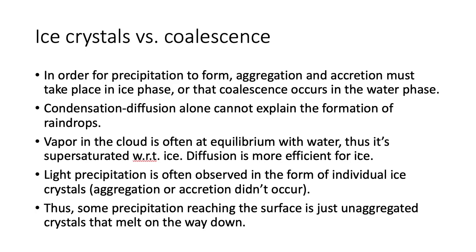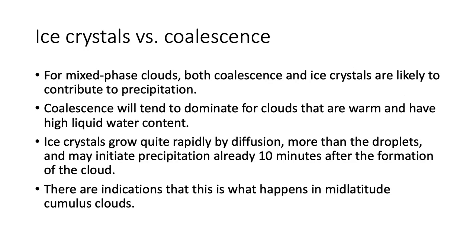One interesting thing is that often the water droplets that are observed at the surface are really, really small. It's almost like very light drizzle. If you do some calculation, you find that these are actually too small to be formed out of collision between, or accretion or aggregation between, different ice crystals. And so often it's really just unaggregated ice crystals that are falling. They then melt and give rise to the drizzle that you often find at the surface.